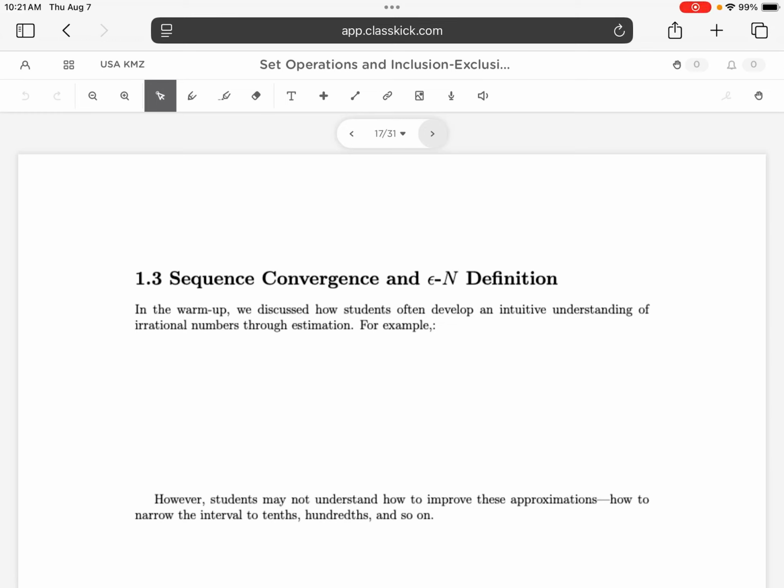So in the warm-up, we discussed that students can often develop an intuitive understanding of irrational numbers through estimation. For example, if we wanted to approximate the square root of 12, then students might think, okay, well, that's not a perfect square, but it is in between the two perfect squares of 9 and 16, right? 12 is in between 9 and 16.